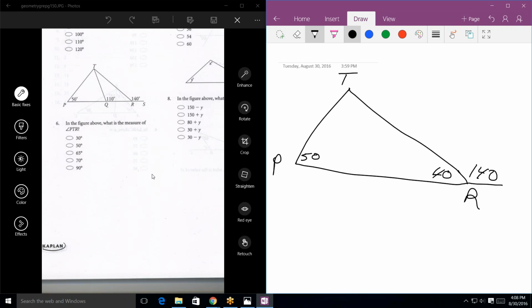So what's angle T? So T would have to equal 90 degrees. In other words, there was a very direct way to get that angle, and that's the only angle they asked about.